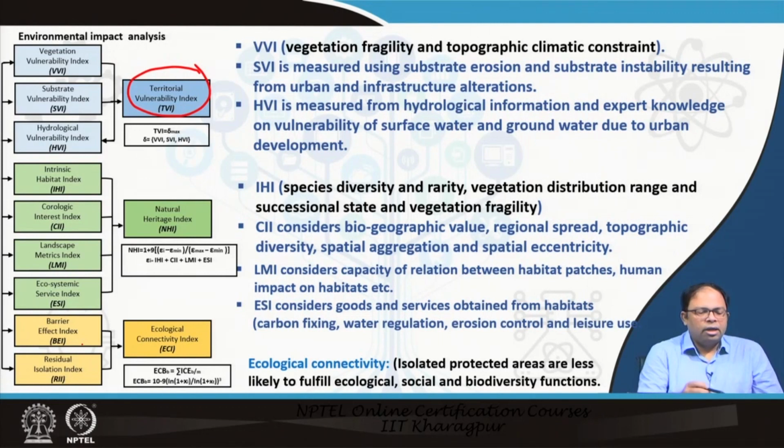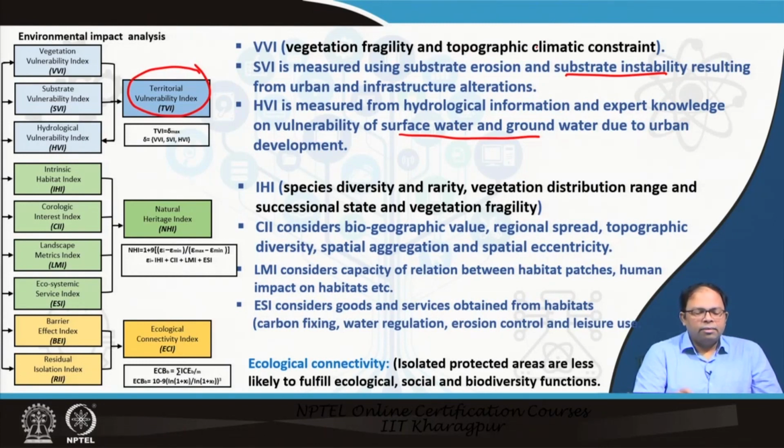Now, just to elaborate on this, VVI depends on vegetation fragility and topographic and climatic constraints. SVI relates to erosion, substrate instability resulting from urban and infrastructure alterations. HVI is measured from hydrological information and expert knowledge on vulnerability of surface water and groundwater. So this is water related, this is erosion related, and this is vegetation related. So these are the 3 impacts that human beings can cause.